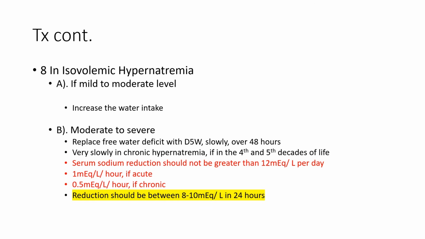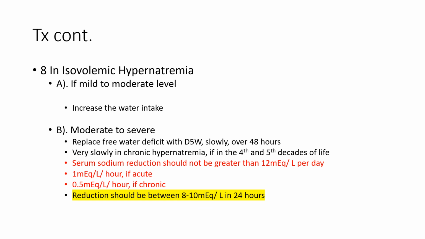In isovolemic or euvolemic hypernatremia, if it is mild to moderate level, you just advise the individual to increase water intake. But in the phase of moderate to severe, we have to do something more.